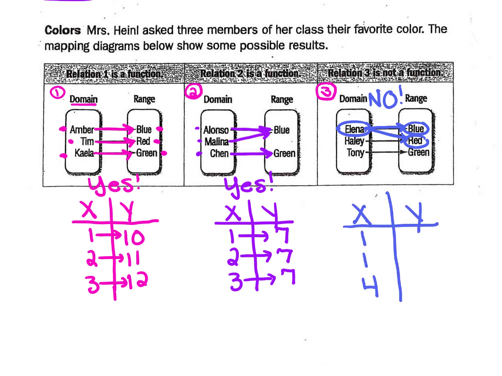Well, something like this. If you have an input of 1 and an output or a favorite of 5, you can't input the 1 again and have a different favorite of 6. Right there, 2 different output values for the same input is a problem. That relation is not a function. So, no, that third case is not a function.